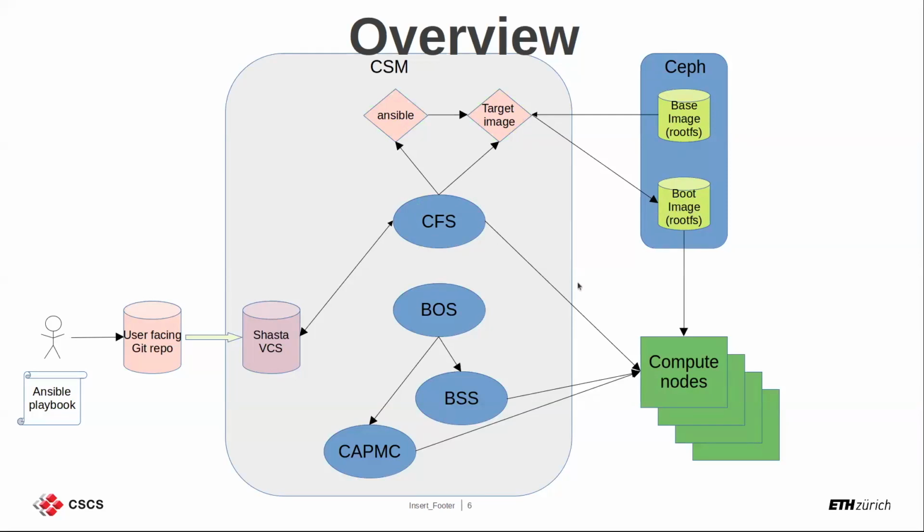And then after that, you configure BOS in order to allocate which boot image you want to boot each machine. And you do stuff like also changing the configuration to finish configuring the nodes where they are booted, and also calling CAPMC in order to do the power management of the nodes, like shut them down, restart them, etc.